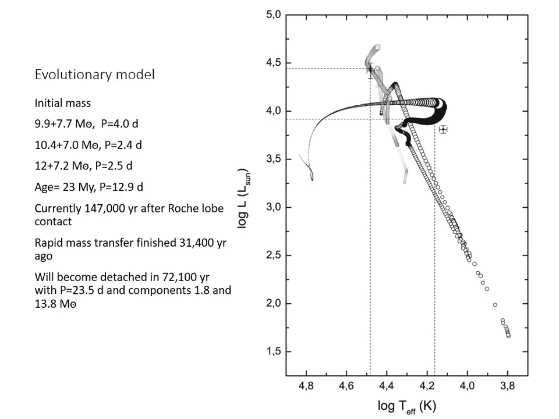The age is calculated to be 23 million years. The system is currently 147,000 years after the Roche-lobe contact. The rapid mass transfer phase finished 34,000 years ago, and it will become detached in a further 72,000 years.